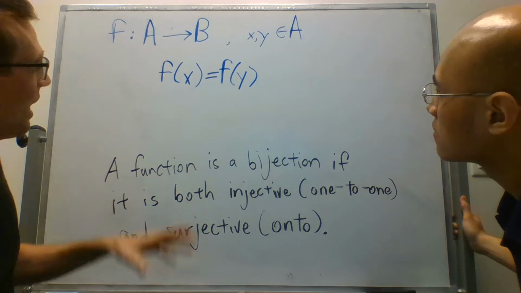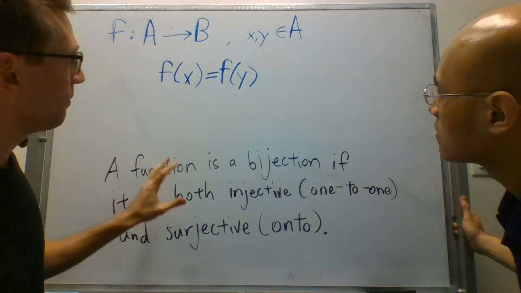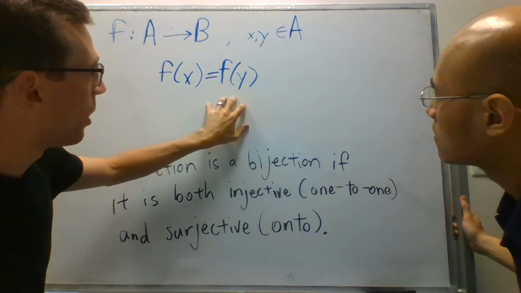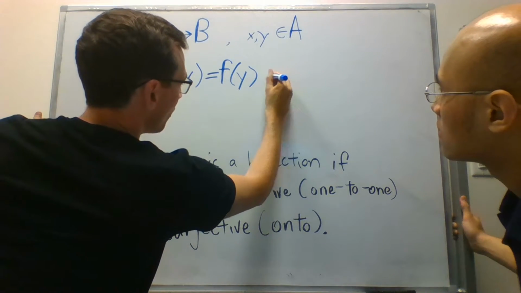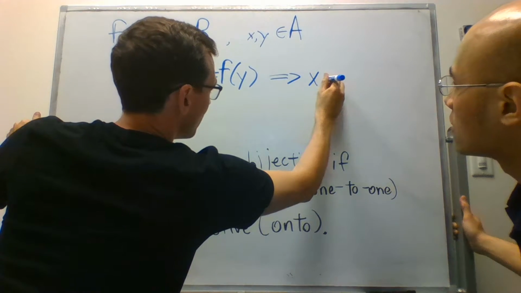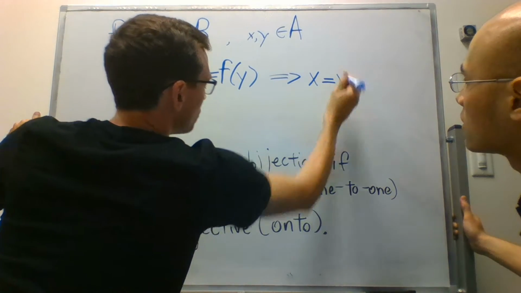If a function is one-to-one, it's defined as when f of x equals f of y, you know for sure that this implies that x equals y.